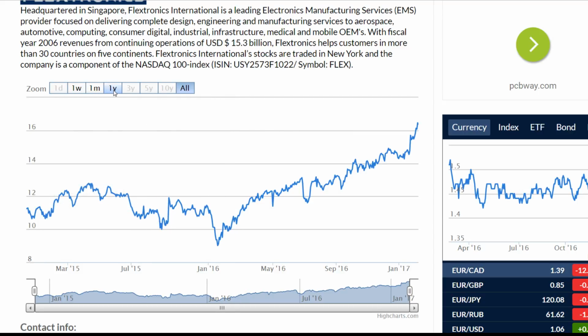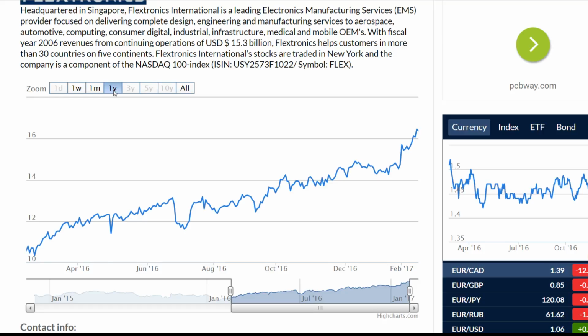If you look at the price during the last year, the price was a little bit more stable, and it increased to 16 in February 2017.